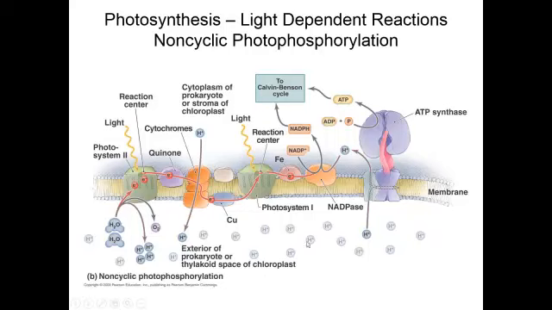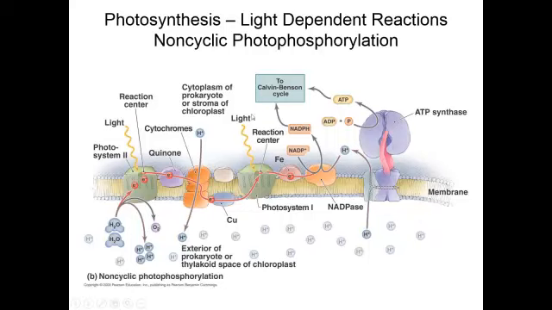Isn't that cool? Meanwhile, cytochromes are still pumping hydrogen ions to the other side, and ATP synthase is still making ATP. So, from non-cyclic photophosphorylation, we get NADPH, ATP, and oxygen as products of the system.